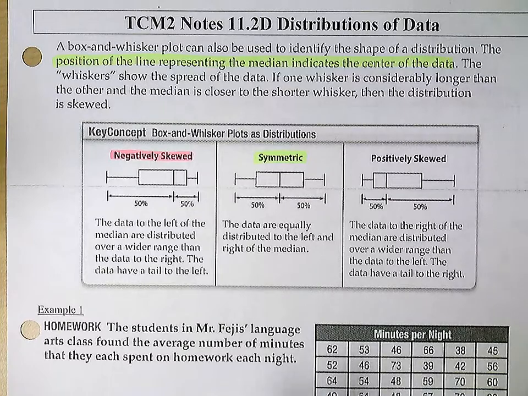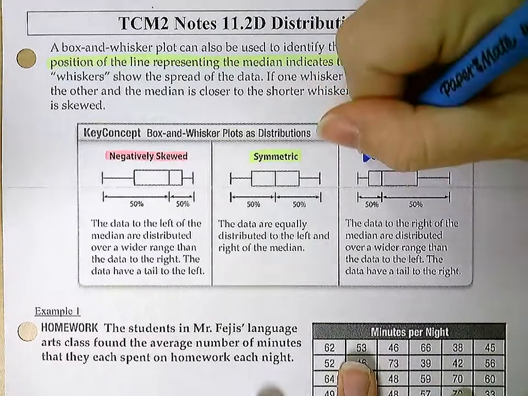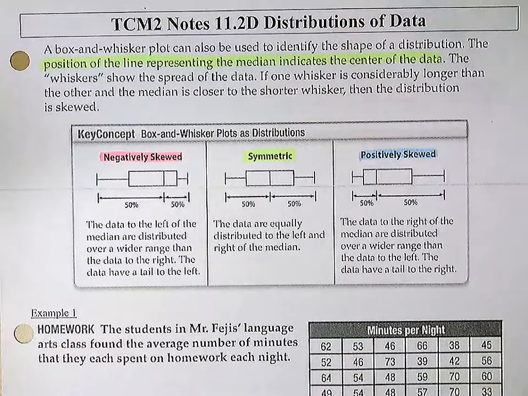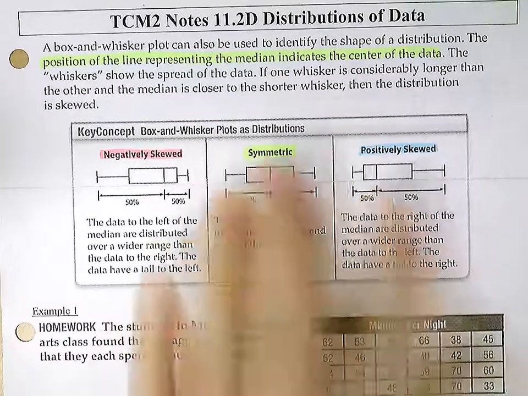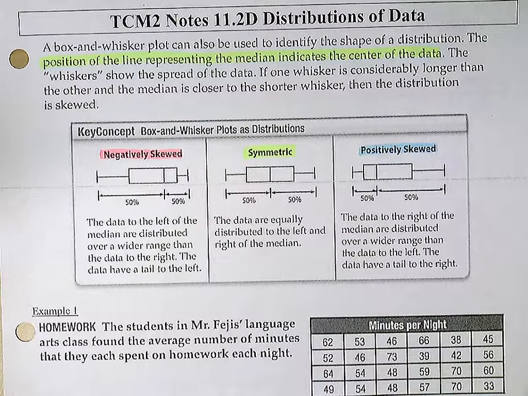And then we have a positively skewed one as well. That one is more towards the left. Your whisker is shorter on the left-hand side and your median is closer to that whisker. It's very similar to what we did before for a histogram.